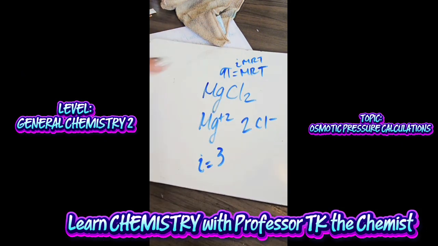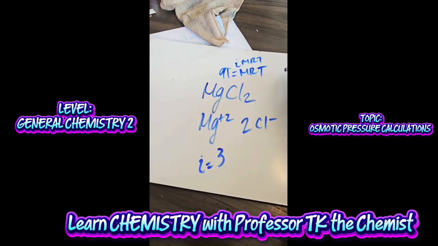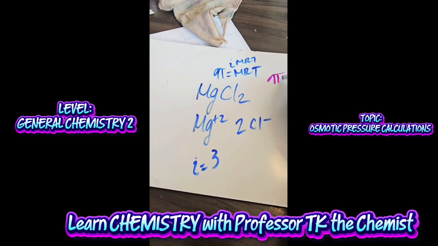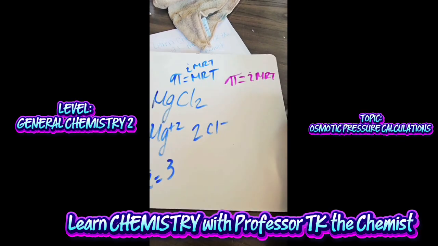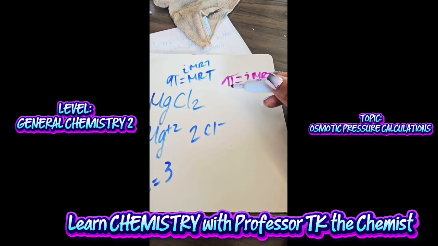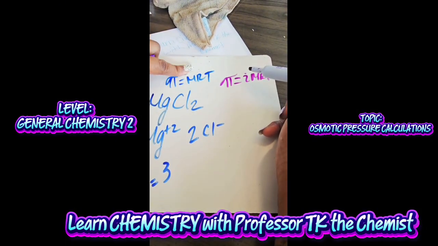If you are dealing with a non-electrolyte solution, use this formula here. If you are dealing with an electrolyte solution, you're going to use this one in purple right here. Electrolytes, use the one in purple. Non-electrolyte, use the one right here in blue.